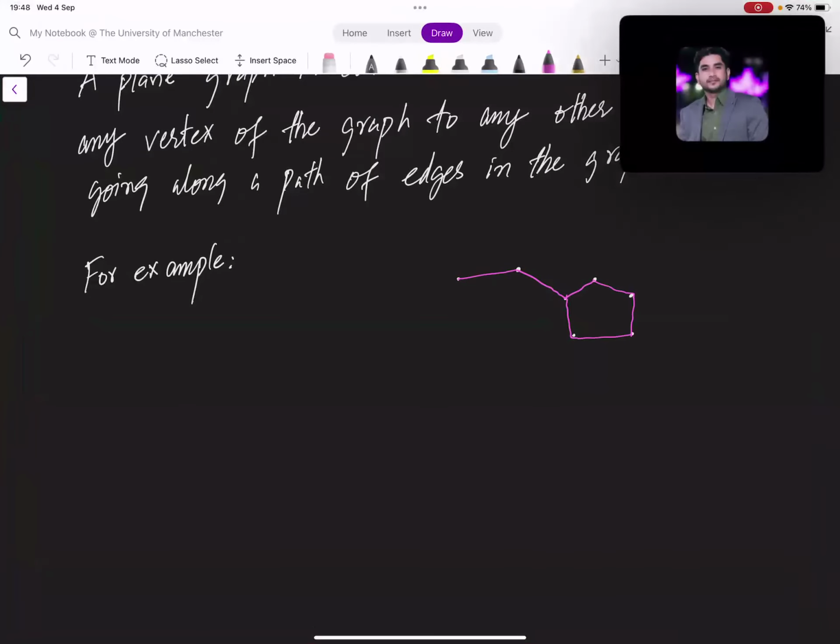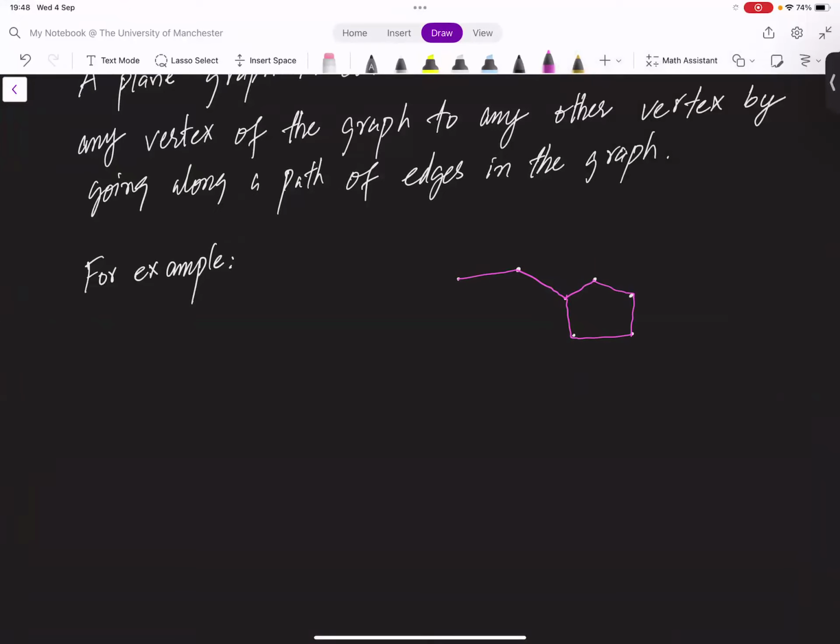So this would be an example of a connected graph, and it has 7 vertices, 7 edges, and 1 face.